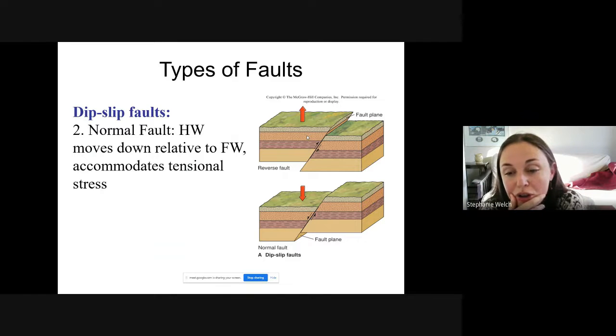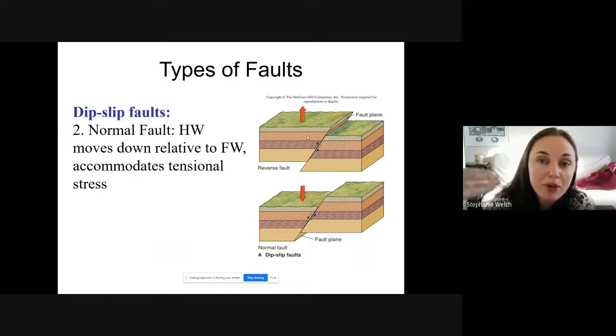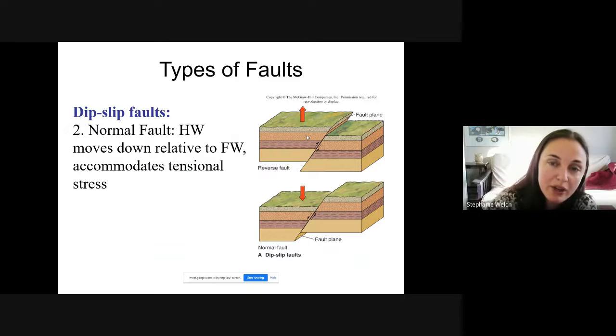The hanging wall is effectively just the upper block, the block that's above the plane of the fault. For the purposes of this, the footwall is just standing still. If the hanging wall is moving up, that's a reverse fault. If the hanging wall is moving down, that's a normal fault.